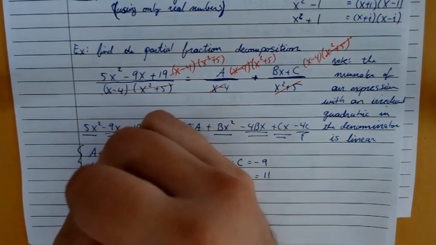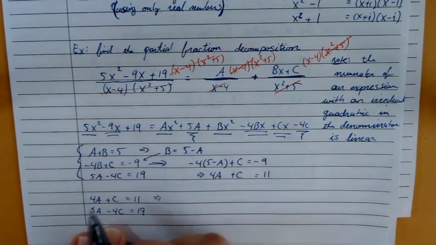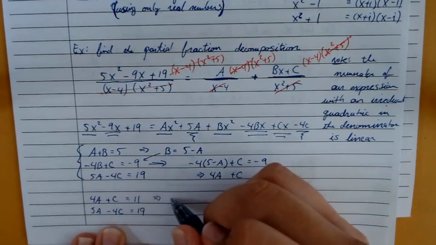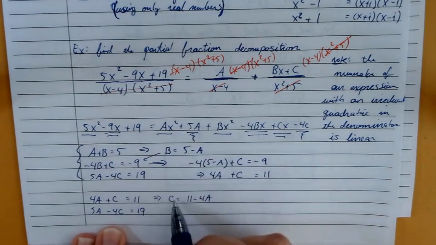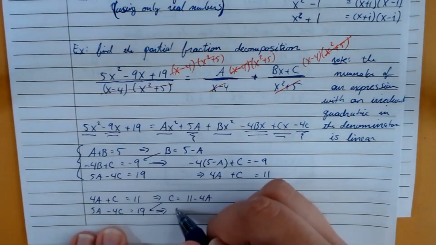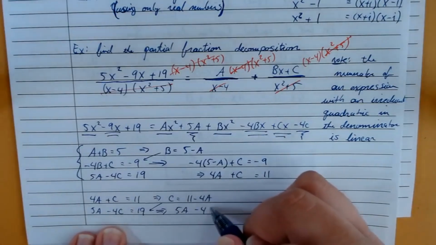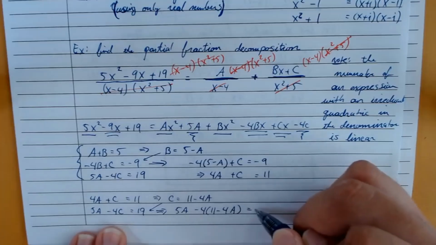So now, let me use this top equation. We solve for c. That's going to be c equals 11 minus 4a. And I'm going to take that c and plug it in right there. That'll give me 5a minus 4 times the c we just found, which is 11 minus 4a, equals 19.